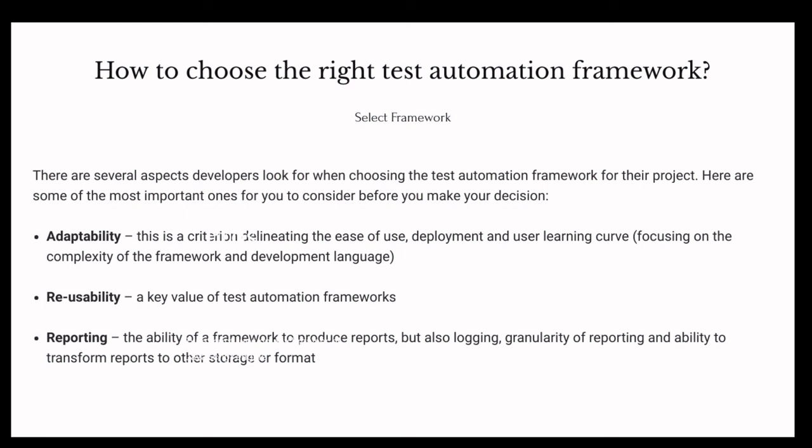If I am having UI applications, the web-based applications, and the reports provided by Cucumber or Extent Report give me a good amount of detailed information, then I can use those frameworks.